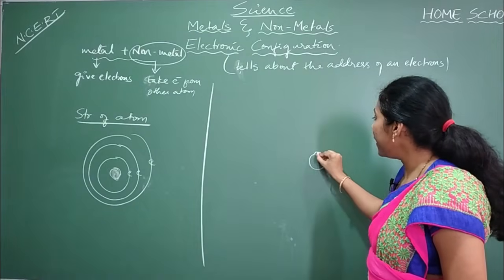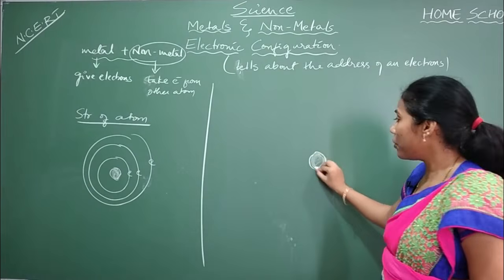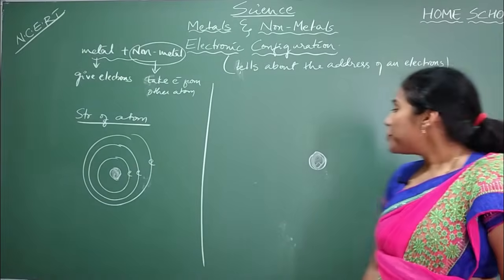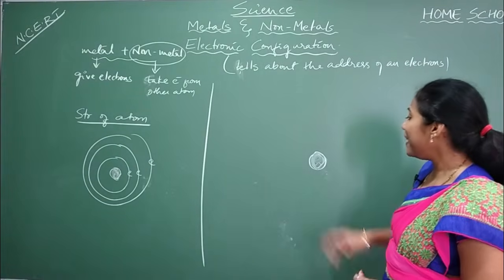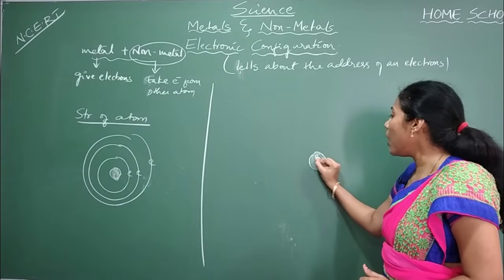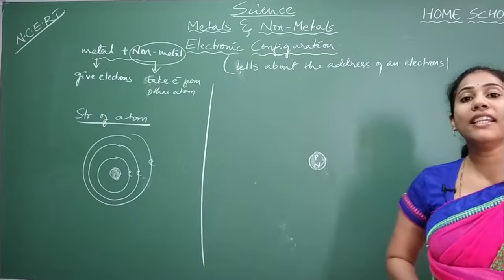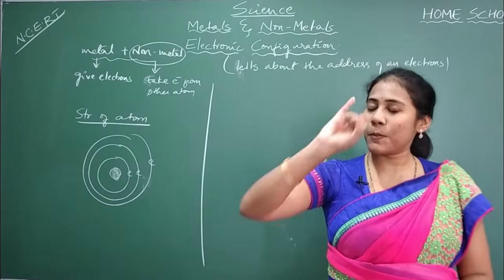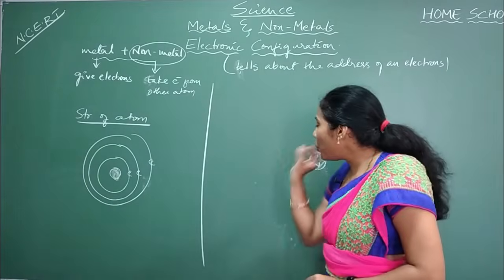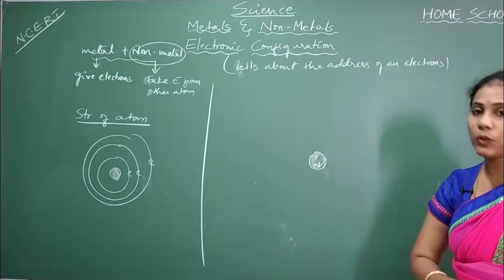Centrally you have something called the nucleus. Yes or no? The center of the atom is nothing but the nucleus. So what does the nucleus contain? The nucleus contains protons and neutrons. The nucleus has small particles, just like electrons, and they are nothing but protons and neutrons.